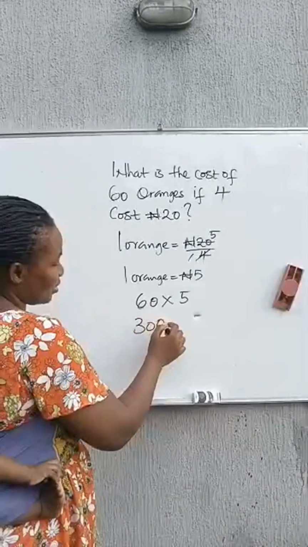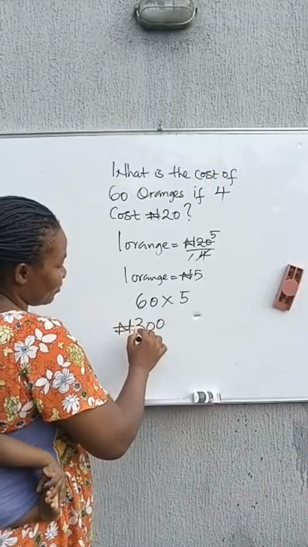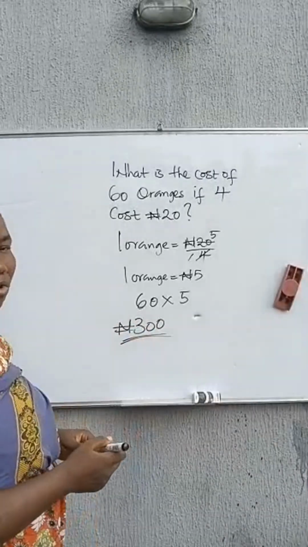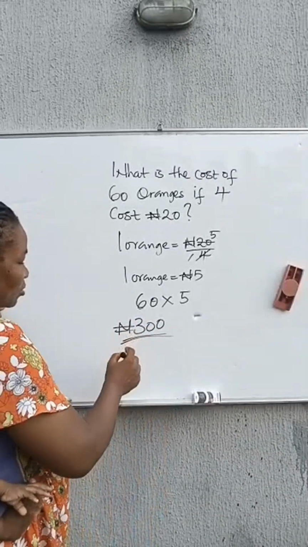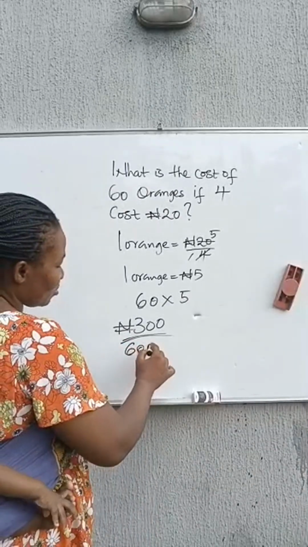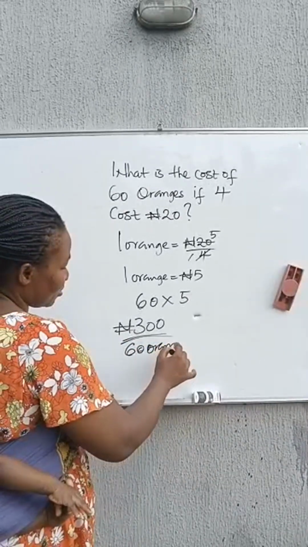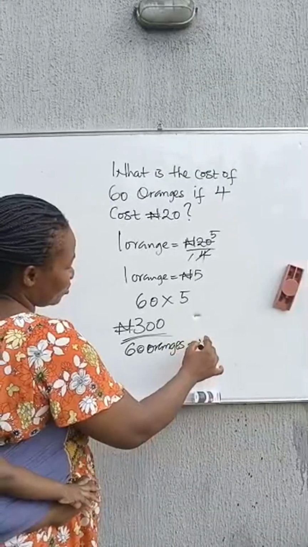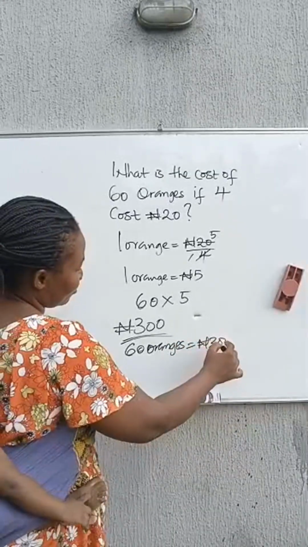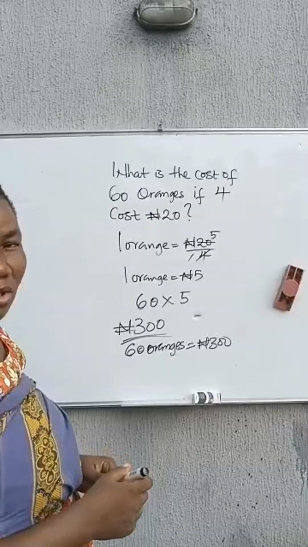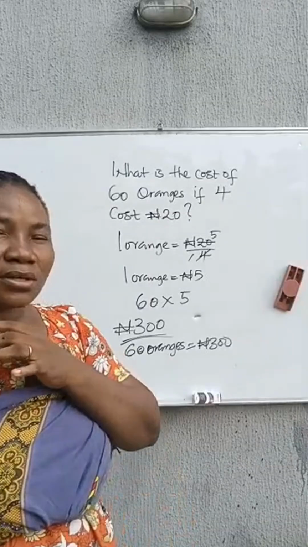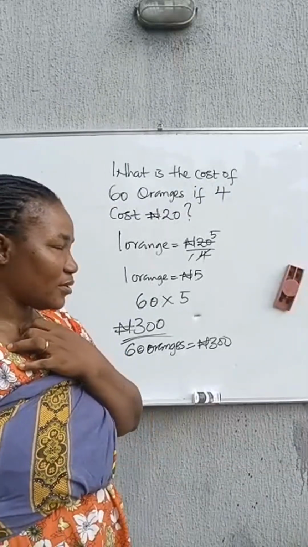Pick this 0 and add to it. What do we have? 300 naira. So 60 oranges equal 300 naira. The cost of 60 oranges is 300 naira.